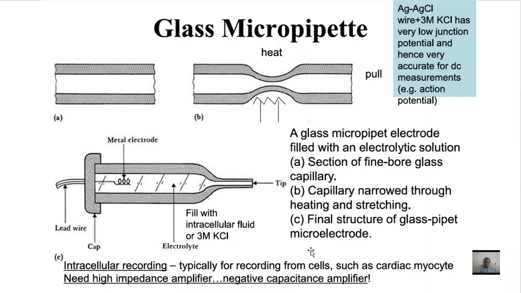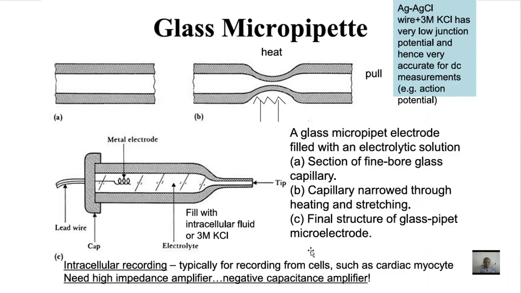This is the structure of the microelectrode. This is used for intracellular recording, typically for recording from cells such as cardiac myocytes, and needs a high impedance amplifier, a negative capacitance amplifier.